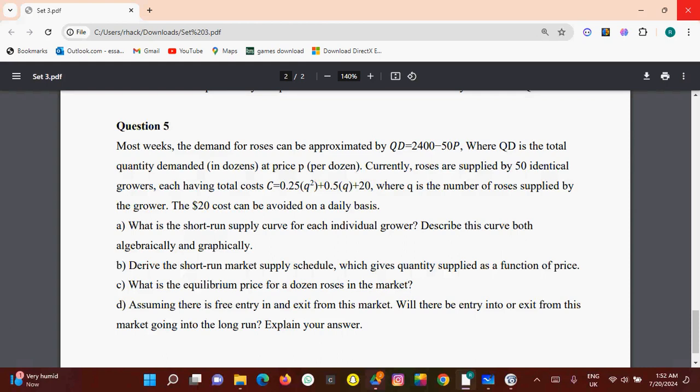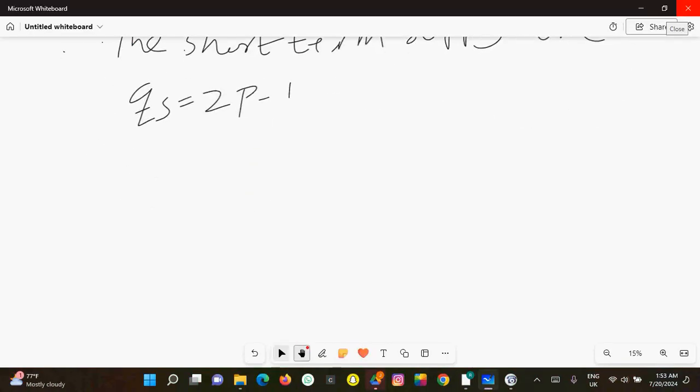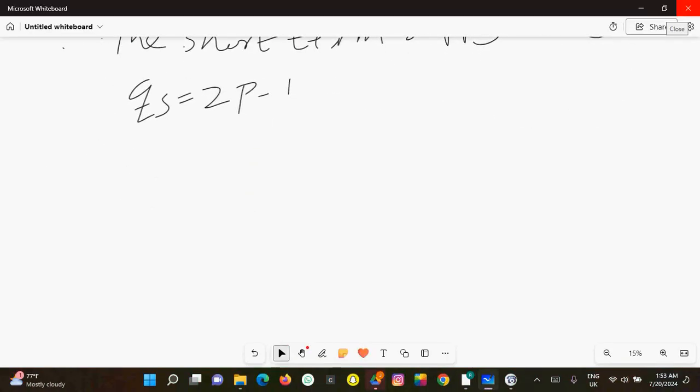So we should do this graphically. So we've done this algebraically. Now let's do this graphically.